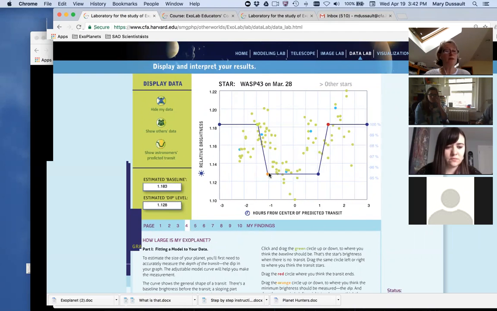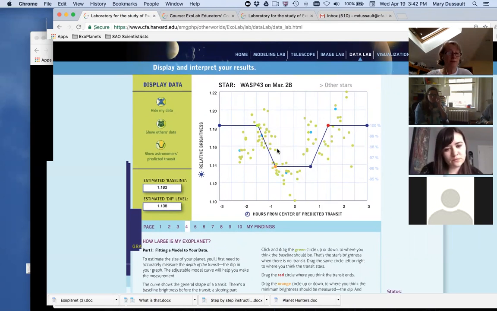You'll remember that our model is a simplified model. We just have this idea that there's a star with a constant brightness, and then a period when the planet starts crossing in front of it and it dims until the whole disk of the planet is in front. Then we're during transit, and that's a symmetrical model, and then up again.